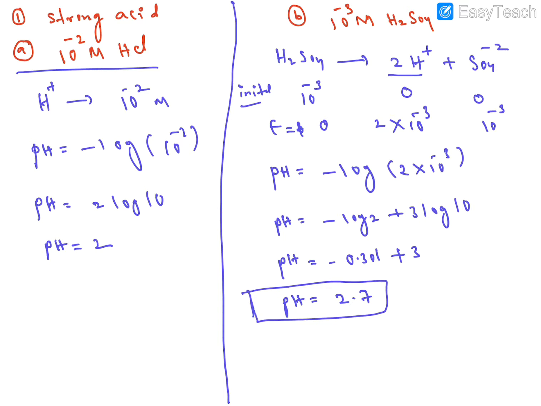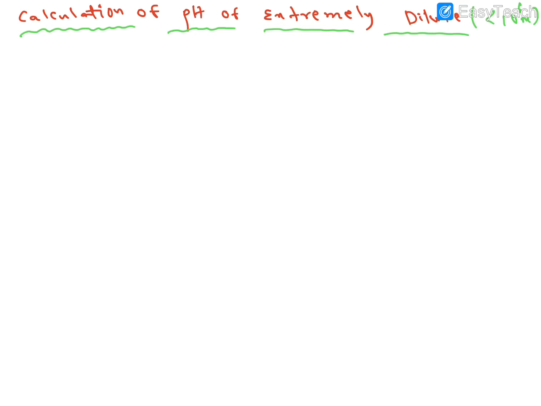And next one, the calculation of pH of extremely dilute acids. They are strong acids only, but completely diluted. Dilution means the H plus concentration decreases. For example, 10 to the power of minus 7, 10 to the power of minus 8, and 10 to the power of minus 9.